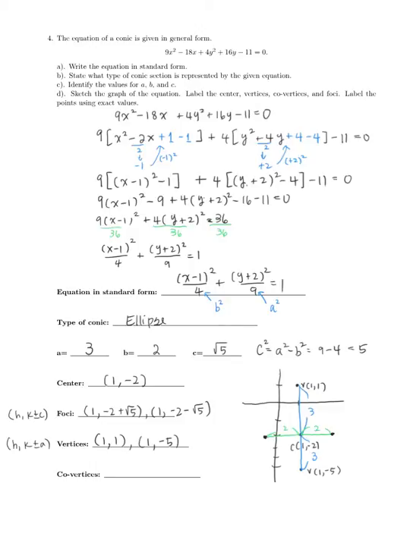Let me just jot down: 1, 2, 3, (3, -2). And if I go to the left, I'm going to go 2 units to the left, so it looks like (-1, -2).